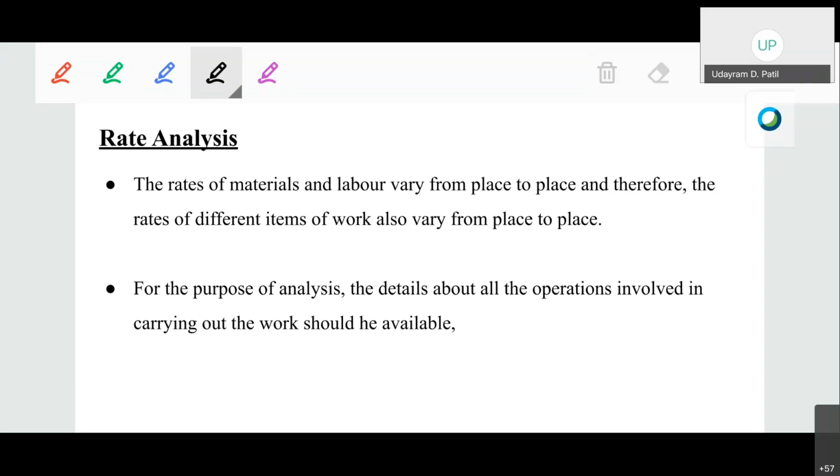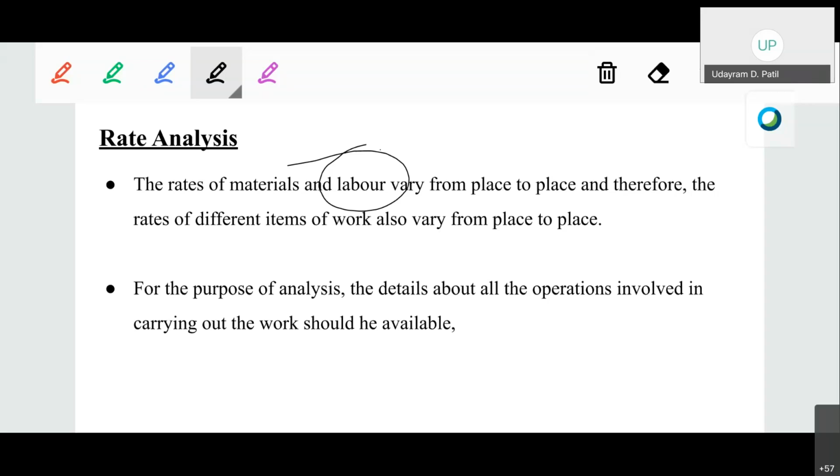So the labor rate will be different. The daily rate of the labor will again be different depending upon the labor. In Jalgaon city, our mason takes 800 rupees, whereas as you go to the village side, the mason only takes 600 rupees or 500 rupees.